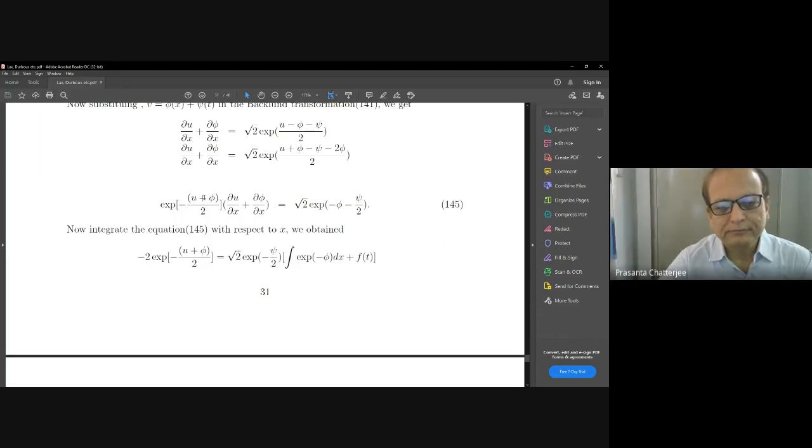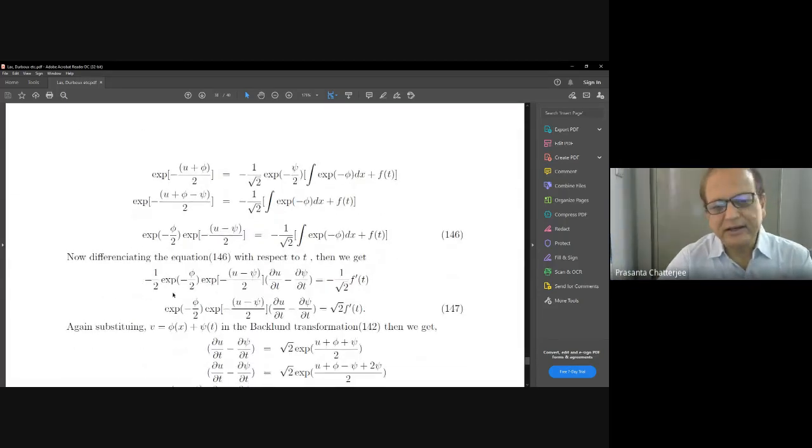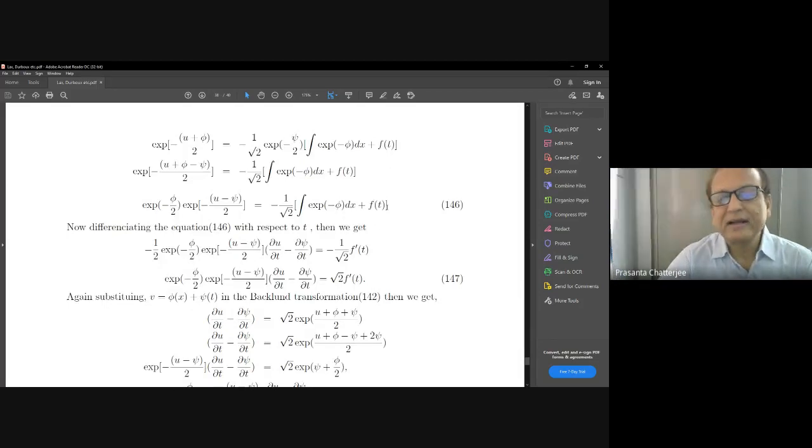Taking z equal to u plus phi, it can be done easily: minus e to the power minus z by 2 dz dx. Integrating, we get minus 2 e to the power u plus phi by 2 on the left, and the integration on the right side. After integrating, you can easily get 146 or 147. This is why the arbitrary function ft came as a derivative, root 2 f plus t.